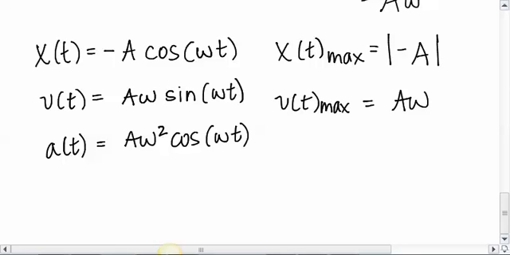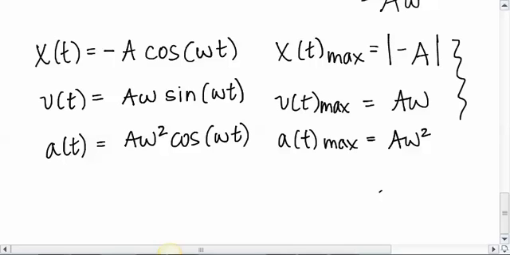Pi over 2? Uh-huh. And all I care about is if this whole thing is 1, then that will give me a maximum. And then what about my acceleration? Yep. So the max would be A omega squared. So those are really popular and helpful when you're solving problems to know how to find the maxes.